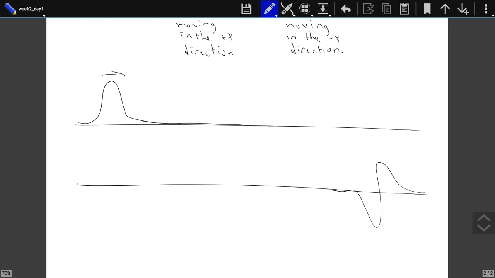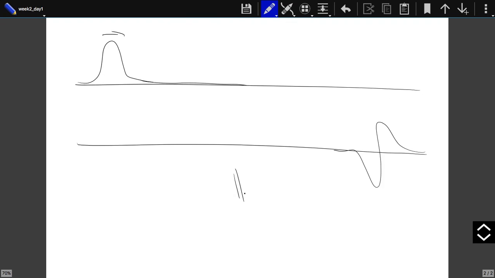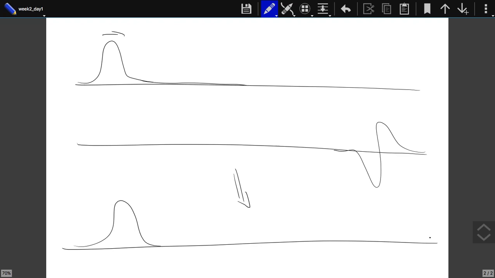This might be one string, this might be another string. So I have these two solutions. A linear medium just tells me that this is also a solution. It's just the sum of those two. So this is what linear means. I can create those waves separately, independent of each other, but I can also create both of them at the same time.